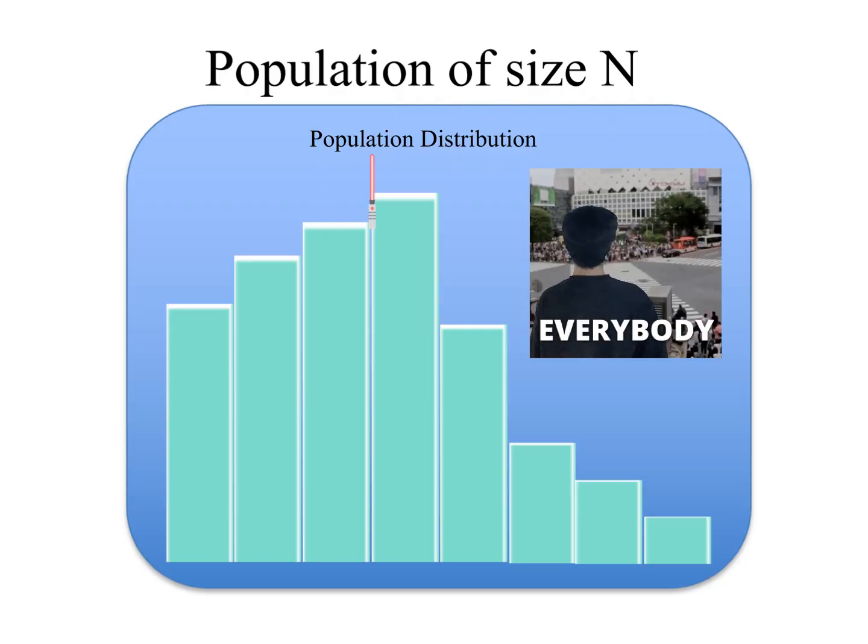Here we have a population distribution for this population. And we are measuring, for each individual, everybody in the population, a characteristic, for example, height. Each bar in this distribution represents an interval of the heights, where the smallest height is on the left of the horizontal axis, and we work our way out all the way to the right, which would be the tallest height.